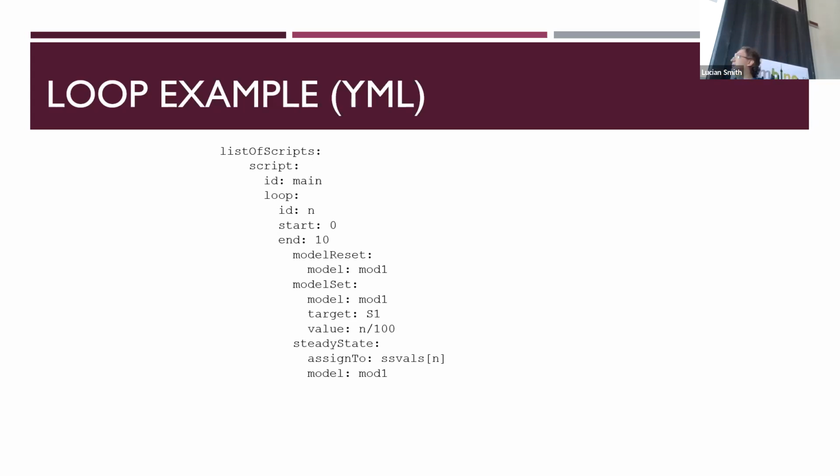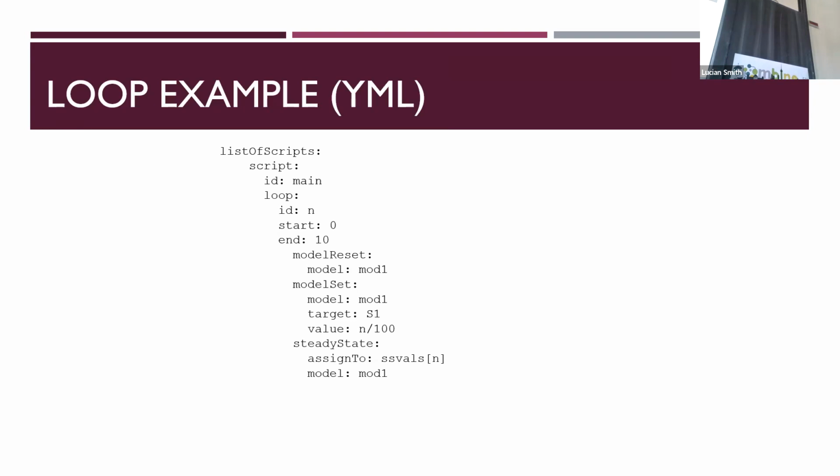Here's an example of a loop. I have my script, I define my loop. I give it an ID of n, and loop. I'm looping 10 times. I'm running model reset. I'm resetting my model each time. I am setting the value of S1 to n divided by 100, and then I'm running the steady state.